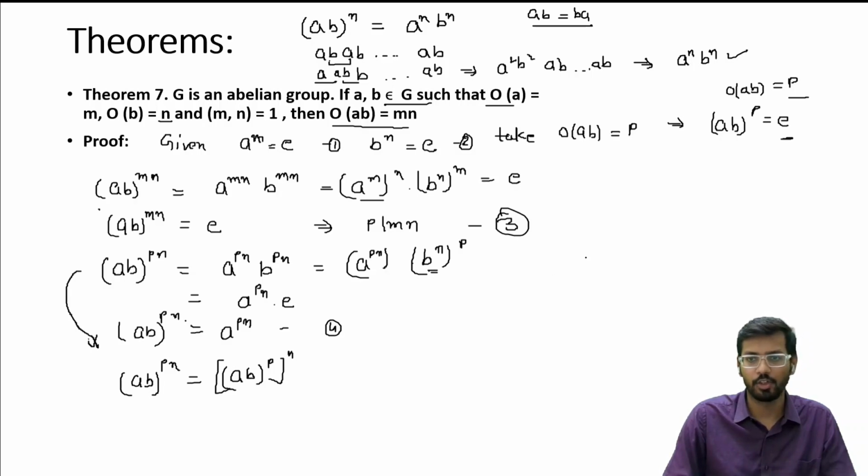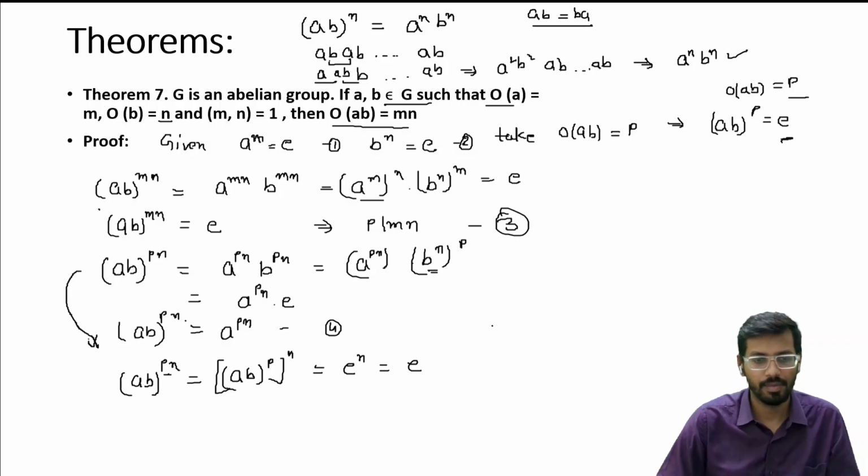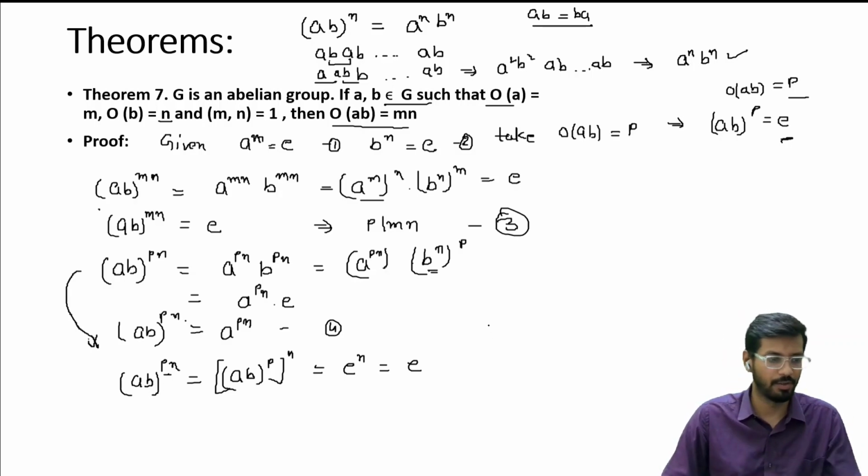That is equal to (ab)^p. From this we can take that is equal to the identity element, that is e raised to power n, or that is equal to the identity element. Okay, so this order p will divide pn. Up to here clear?